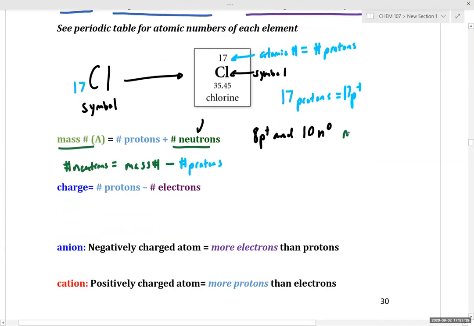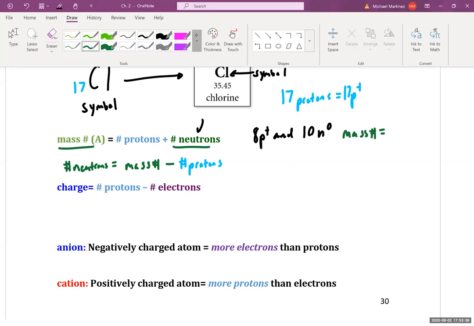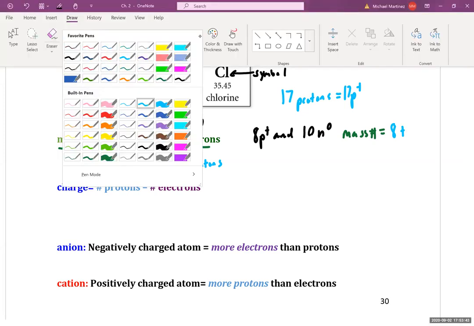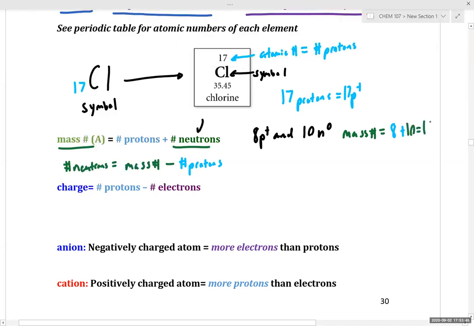Yeah. So our mass number would be equal to 8 protons plus our 10 neutrons, which would give us a mass number of 18.